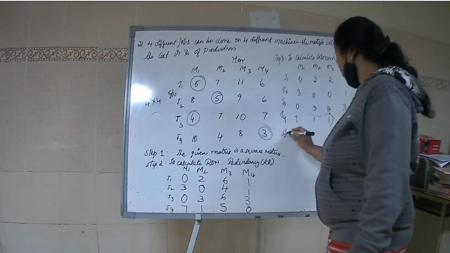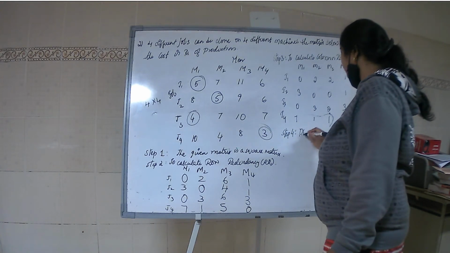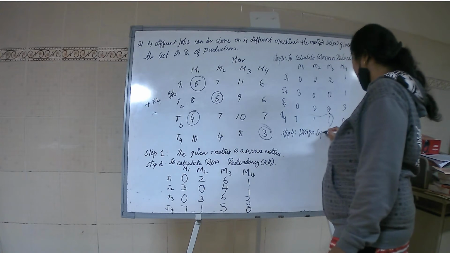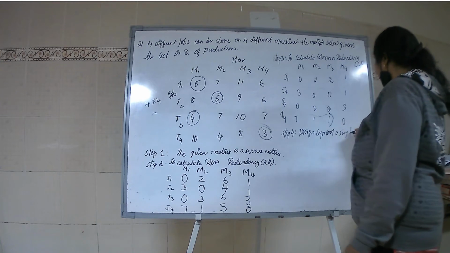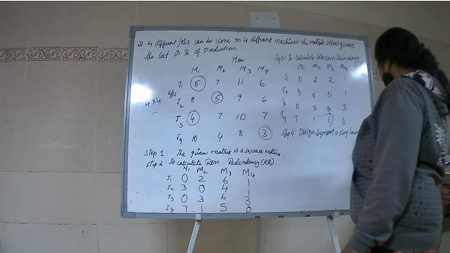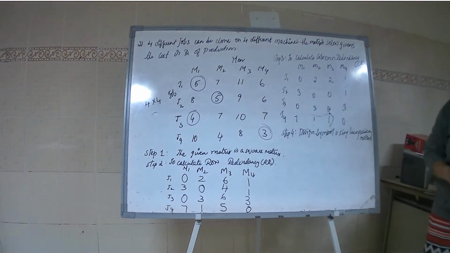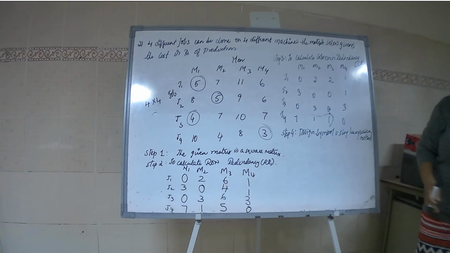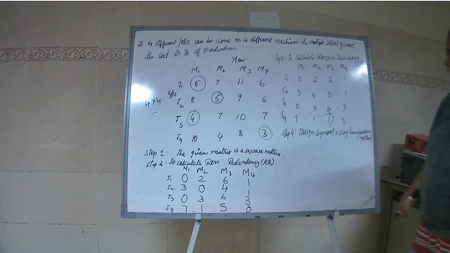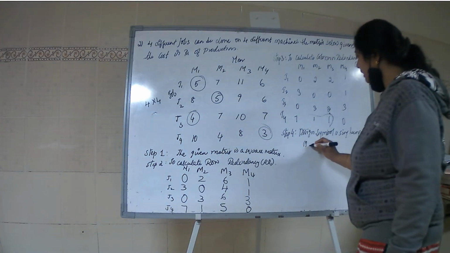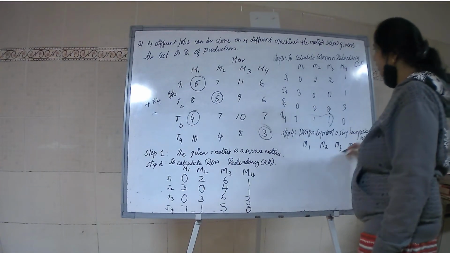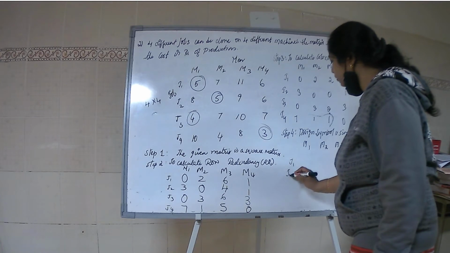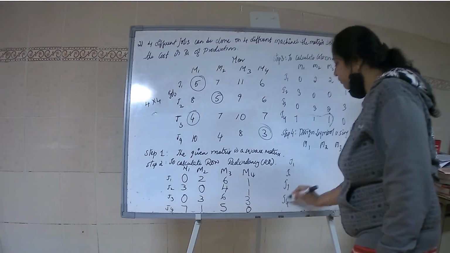Then step 4, assign symbols using the Hungarian method. So here when we talk about the Hungarian method, students, M1, M2, M3 and M4, J1, J2, J3 and J4.